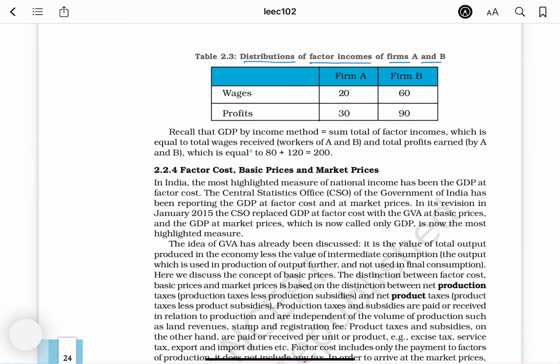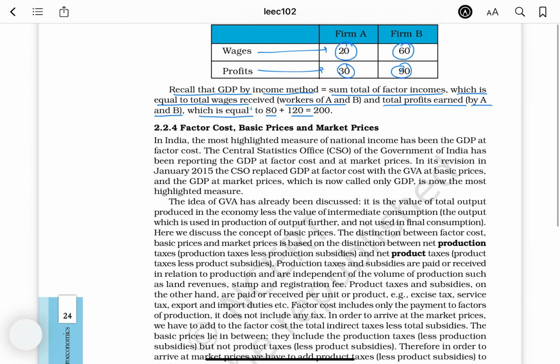Distribution of factor incomes of firms A and B: wages are 20 for firm A and 60 for B, profits 30 and 90. Recall that GDP by the income method equals the sum total of factor incomes, which is equal to total wages received by workers of A and B and total profits earned by A and B, which is equal to 80 plus 120, which is 200.